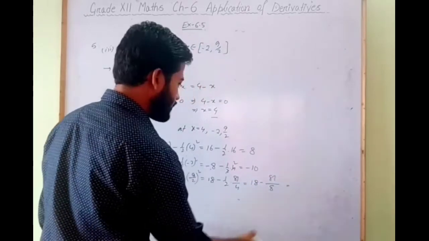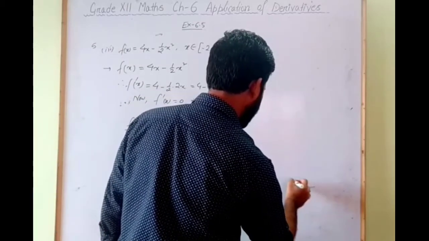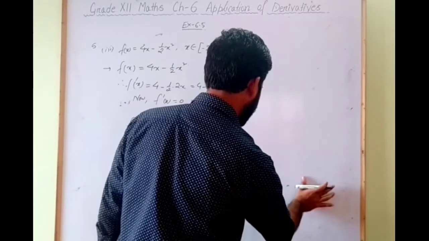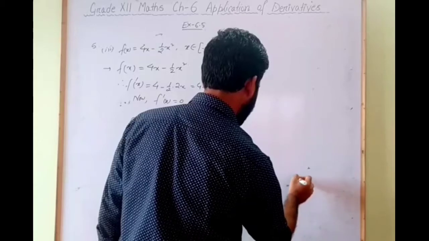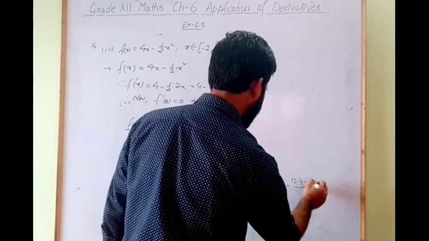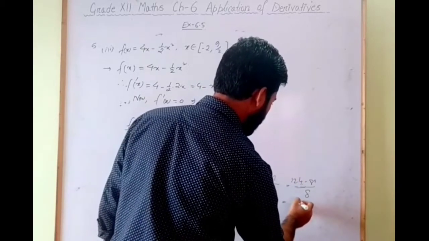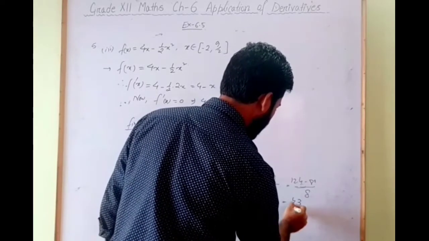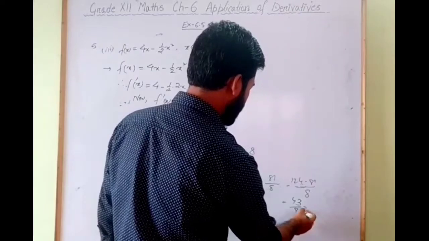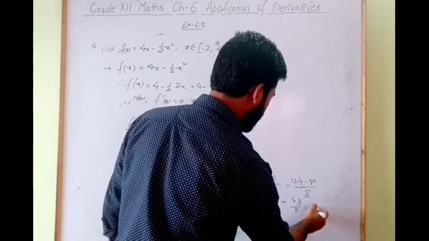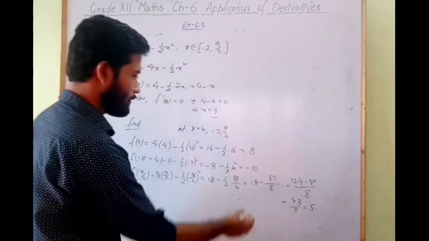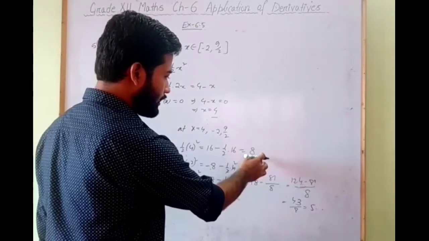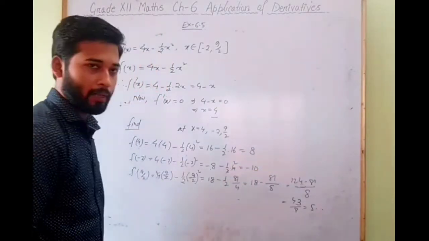So if you calculate it, it will be 144 minus 81, so it will be something 43/8. So it is something 5 point something, so definitely less than 8 and greater than -10, isn't it?